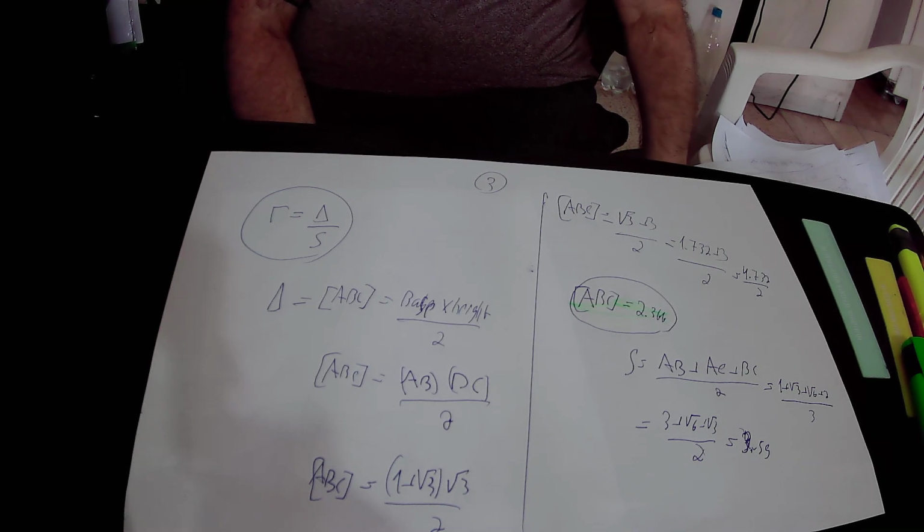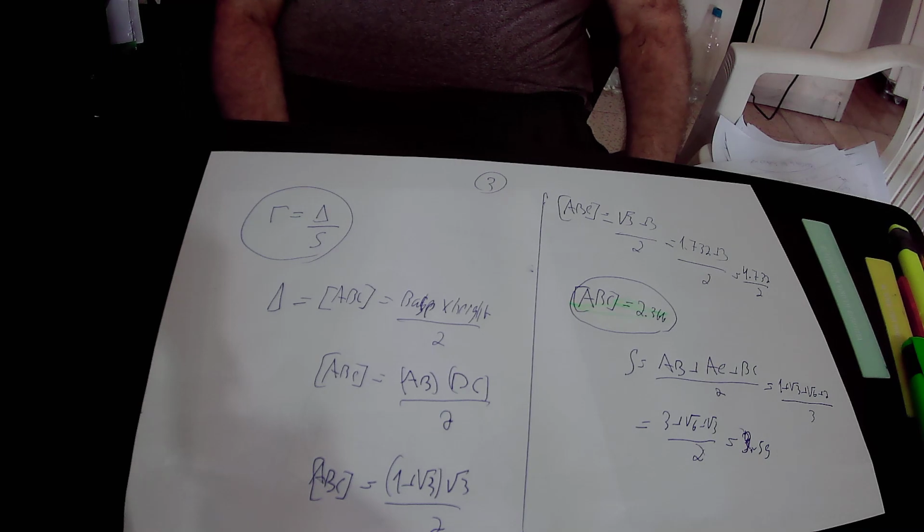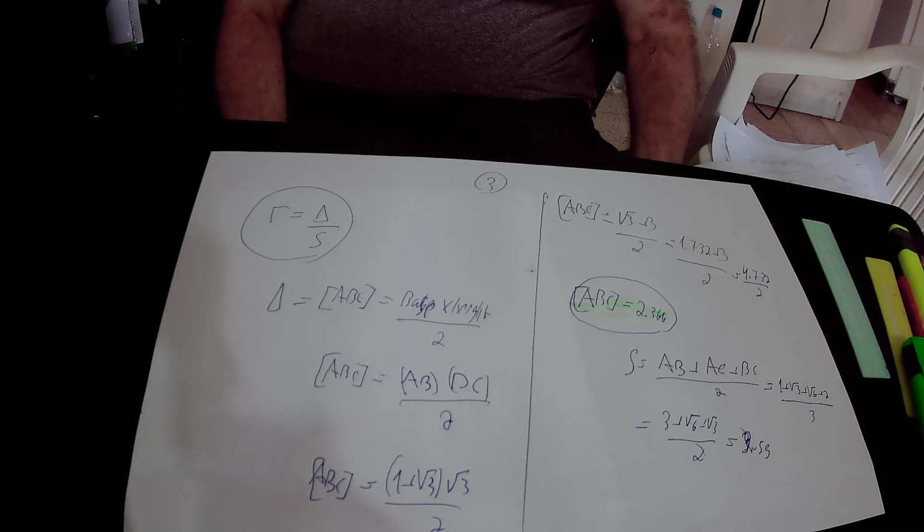The semi-perimeter of any triangle is the perimeter over 2. The perimeter is the sum of the side lengths of the triangle, and if we divide it by 2, we get the semi-perimeter.